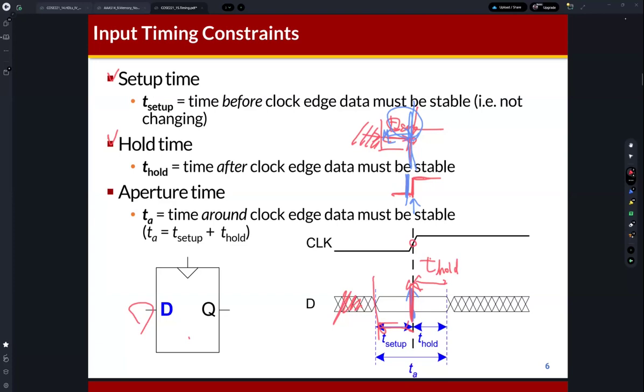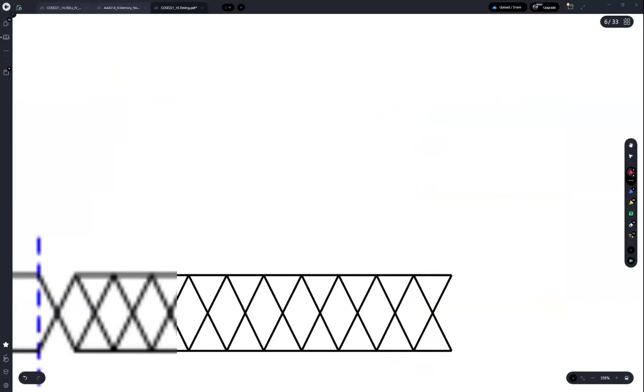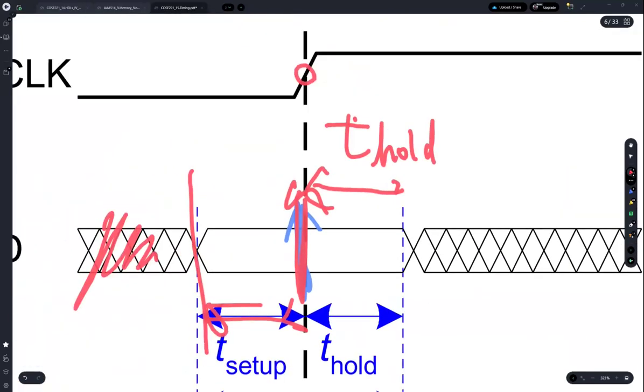Which means if the input signal is changed within this hold time, then the flip-flop may generate an incorrect output or unstable output. So the input needs to be kept, maintained during this hold time.